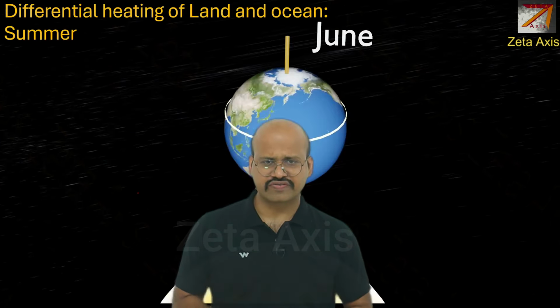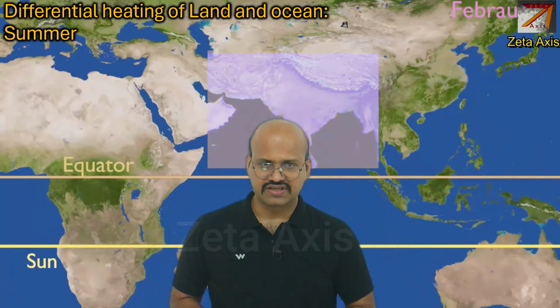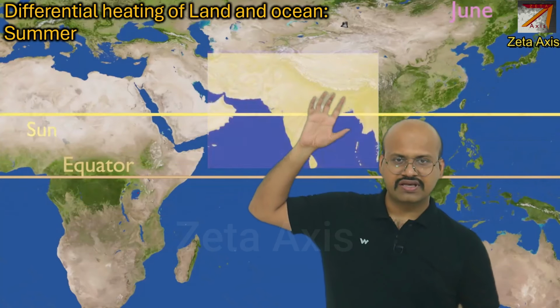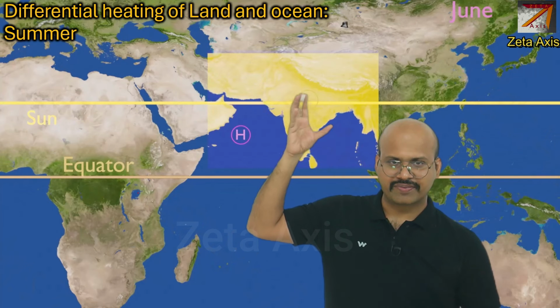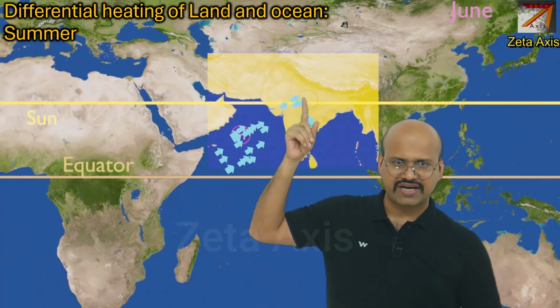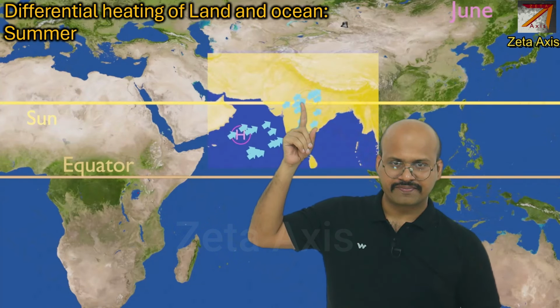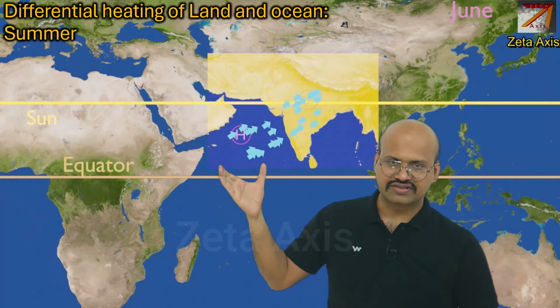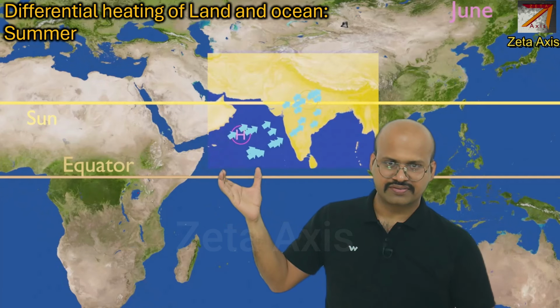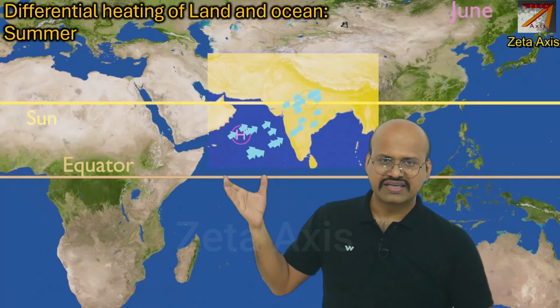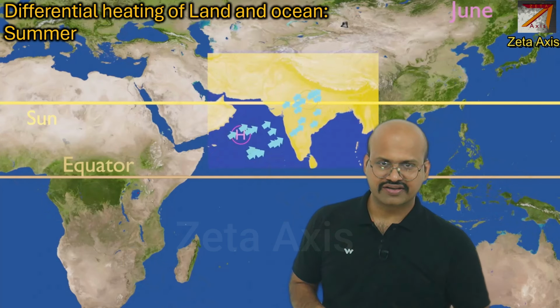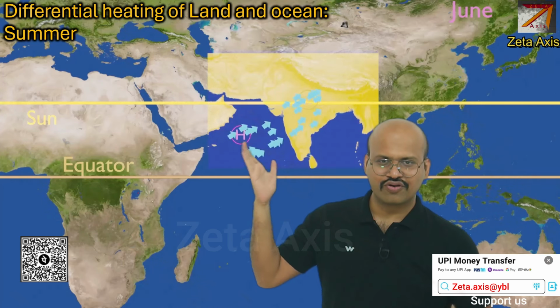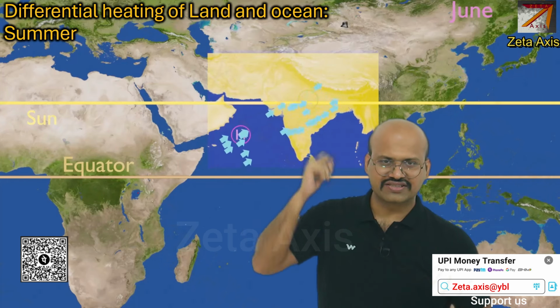And it is because of this heating that a low pressure region develops in this region. Now the land mass will have low pressure, but the sea or the oceans will have high pressure because they have high heat capacity. They are not easily heated. So winds will flow from this ocean towards our Indian subcontinent.